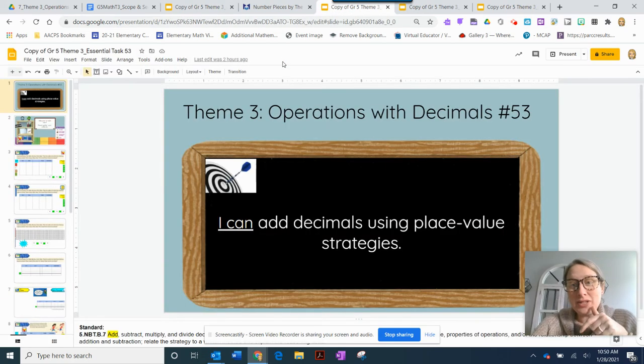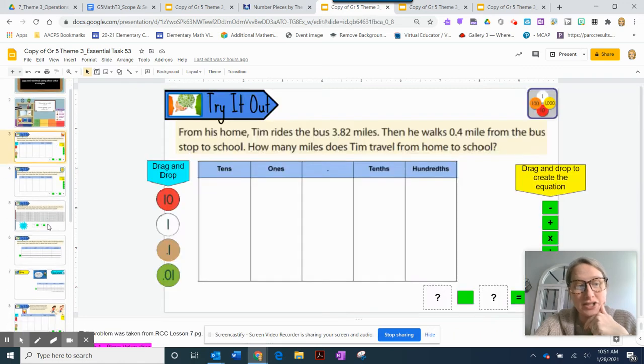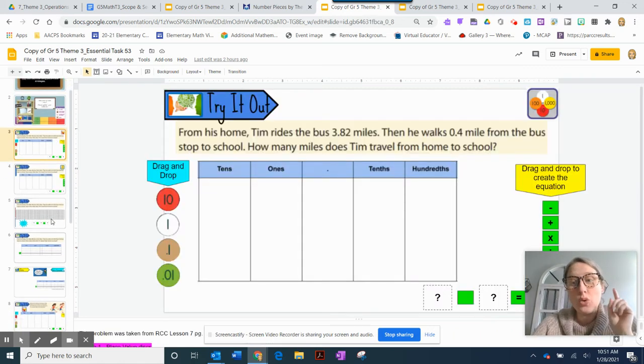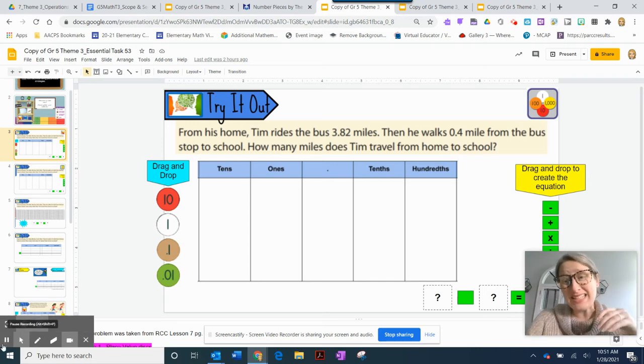Our next essential task 53, we're going to stay in that world of addition. Same strategies, except we're really going to start to see and think about efficiency. I touched on this in the last video, thinking that we're going to start to reach a point where building some of these numbers is not going to be as effective or as efficient as it once was.